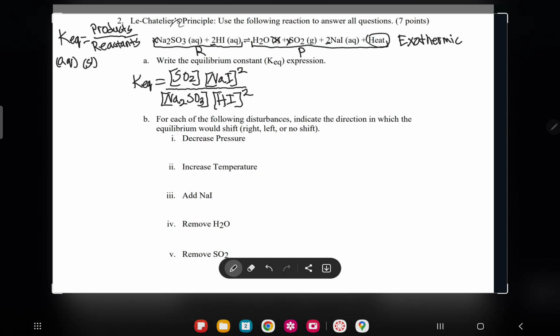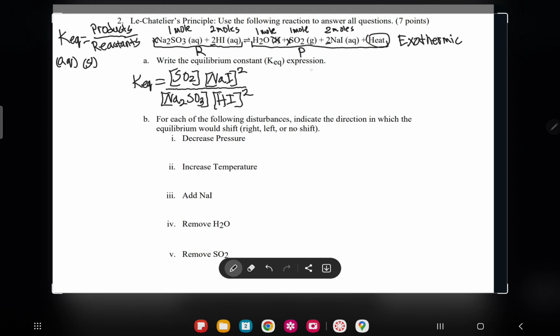So when we're looking at this, we can see that we have 1 mole, 2 moles, 1 mole, 1 mole, 2 moles.